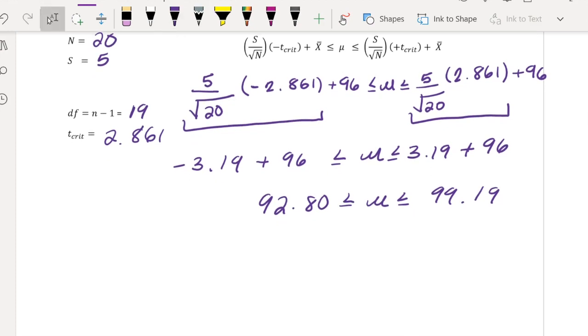So the conclusion is that we are, oh, that looks ugly.